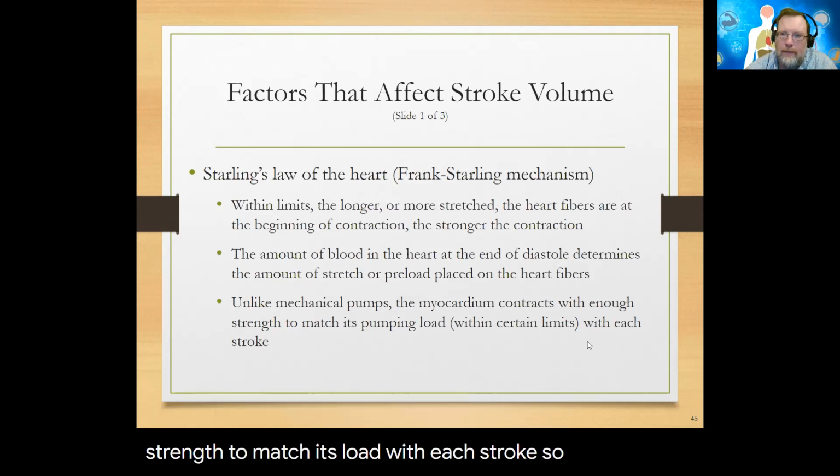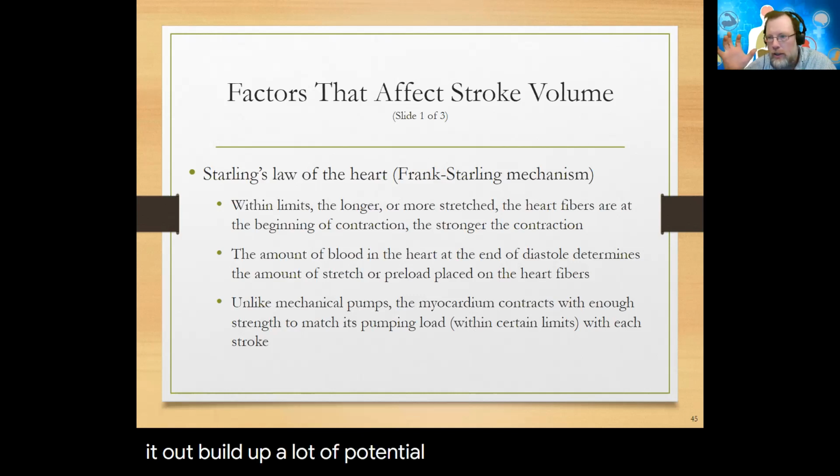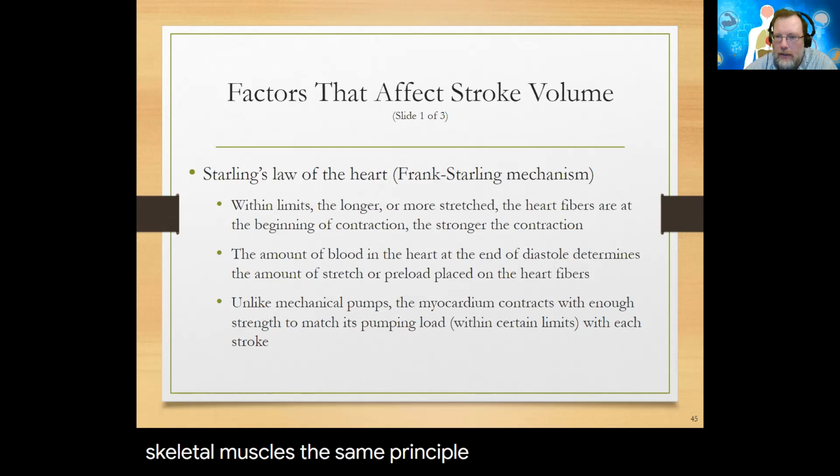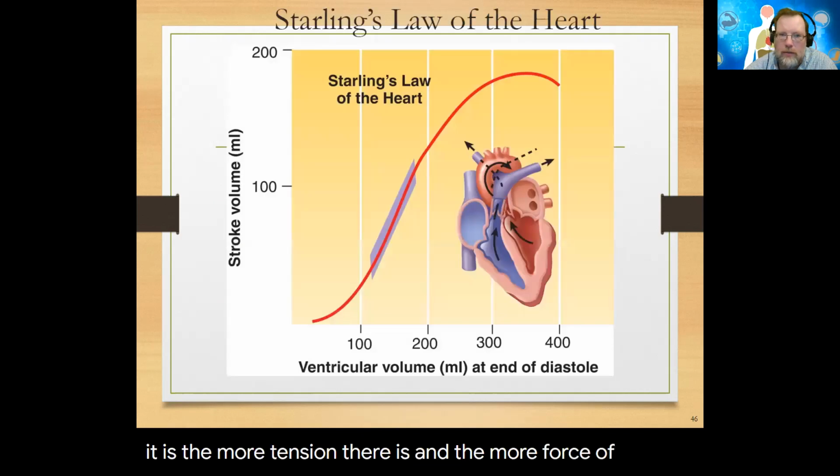Stretch it out, build up a lot of potential energy there, and then as it responds or contracts... we called this the length-tension relationship, by the way, when we looked at skeletal muscles. The same principle. The longer it is, the more tension there is, and the more force of contraction we're going to have.